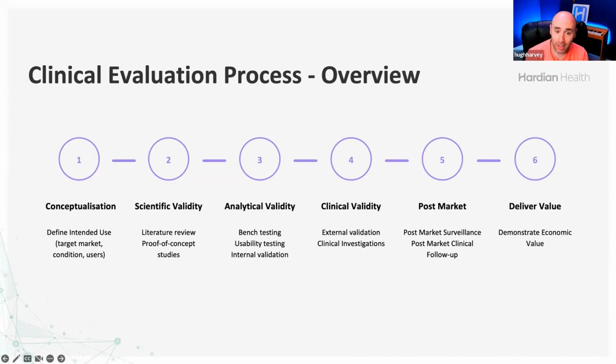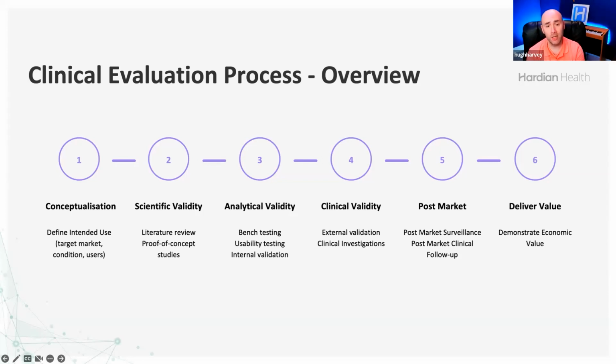So, clinical evaluation for software-based medical devices. Obviously, it's important to generate evidence that the thing that you are building works. But you don't just do this in a single study or investigation.